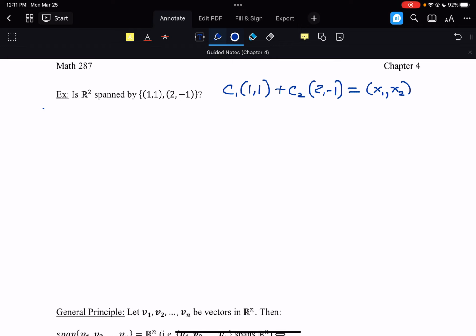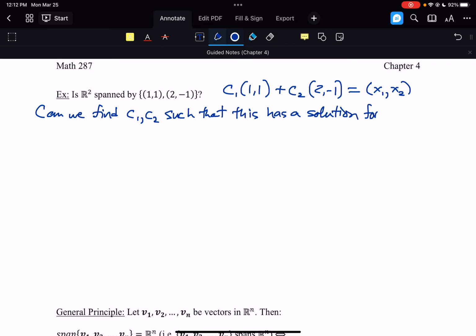And the question is, can we find C1 and C2 such that this has a solution for all x1, x2 in R2?